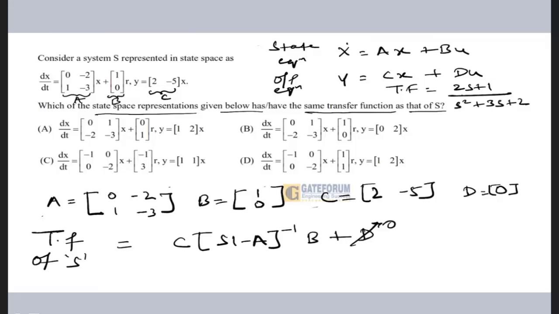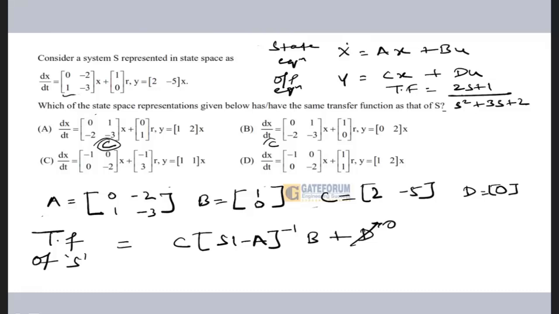Now you have to check which of these representations will give you the same transfer function. One by one you cannot calculate the transfer function individually, but I know that these two are in controllable form. So let us check.